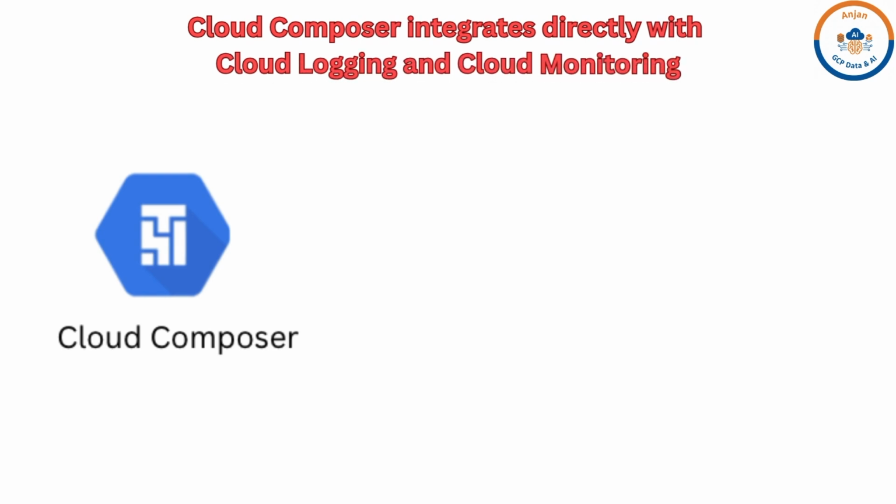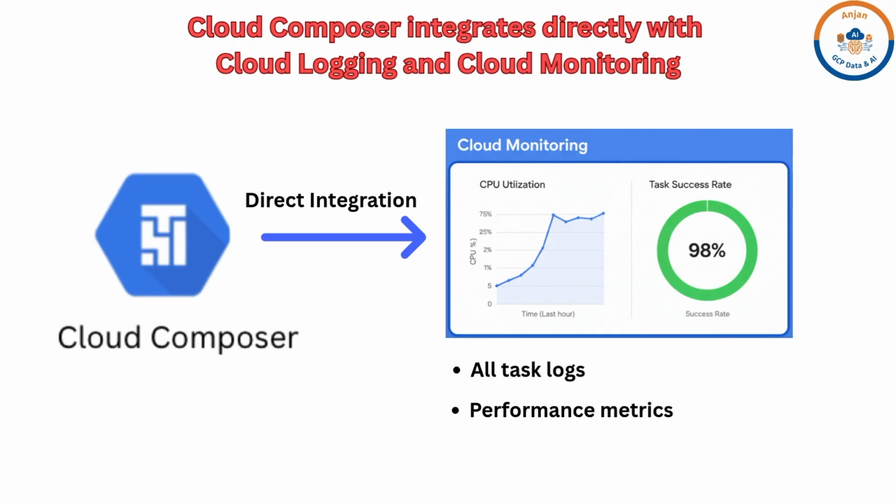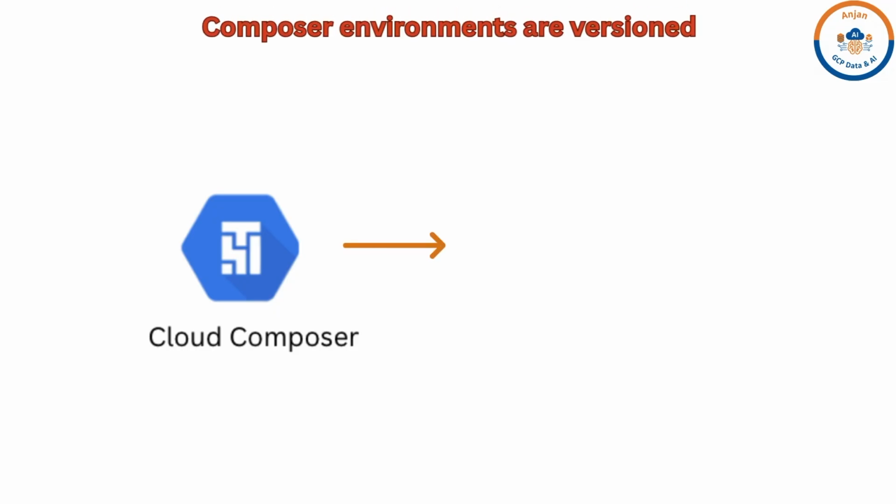For monitoring, Cloud Composer integrates directly with Cloud Logging and Cloud Monitoring. This means all task logs, performance metrics, and environment health data are instantly available in the standard Google Cloud interface, simplifying diagnostics and alerting. Furthermore, Composer environments are versioned.